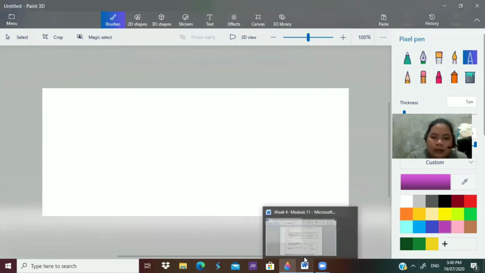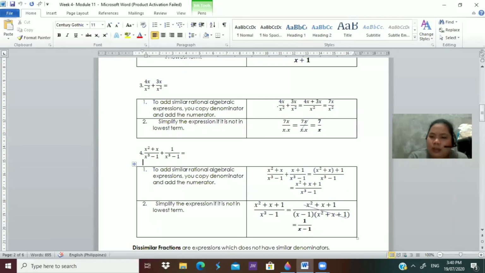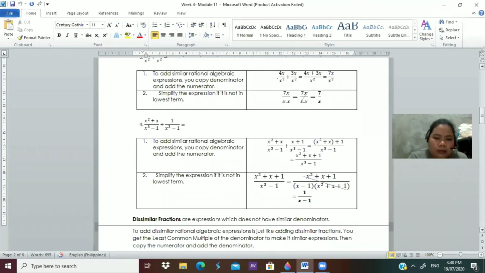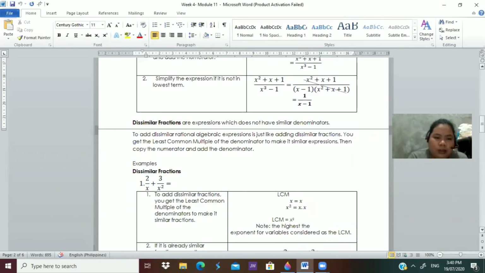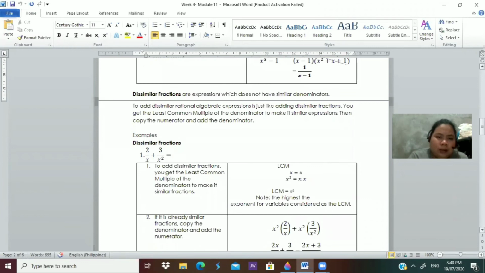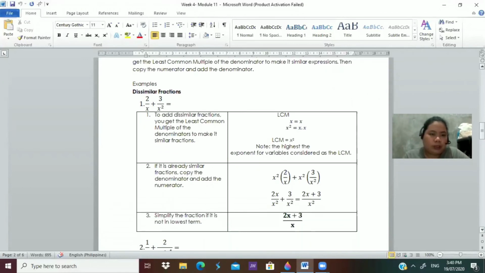Okay. Now, doon naman tayo sa dissimilar. Dissimilar rational algebraic expressions are expressions which do not have similar denominators. So kapag hindi parehas ang denominators, ang gagawin natin ay kukunin natin ang LCM ng mga denominators.